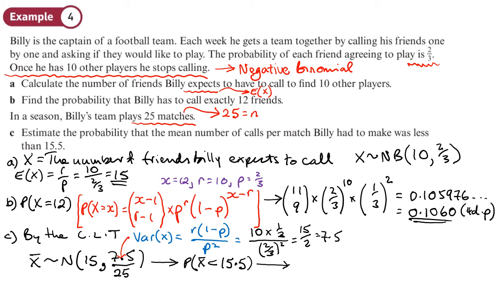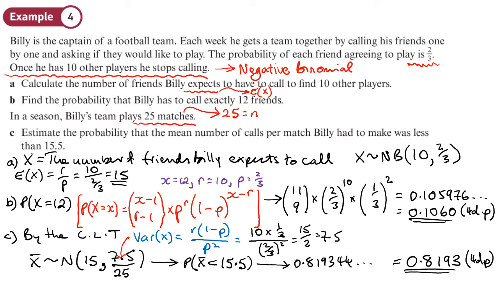Our standard deviation is going to be the square root of 7.5 divided by 25, so we can just type that in. And our mean is going to be 15. And then we get 0.819344, and it goes on. Again, round to 4 decimal places, 0.8193. So there's our answer to part C.